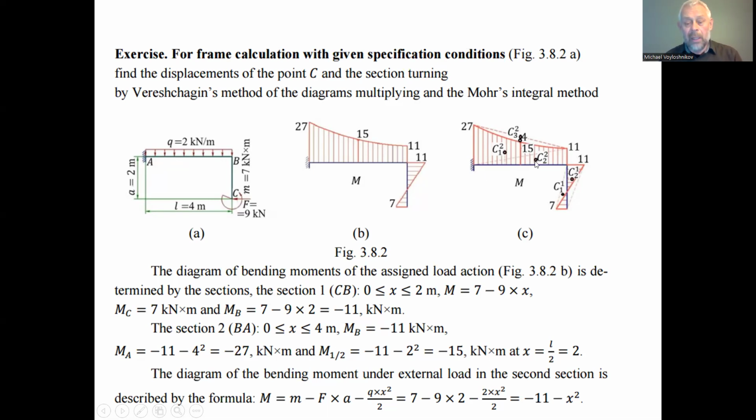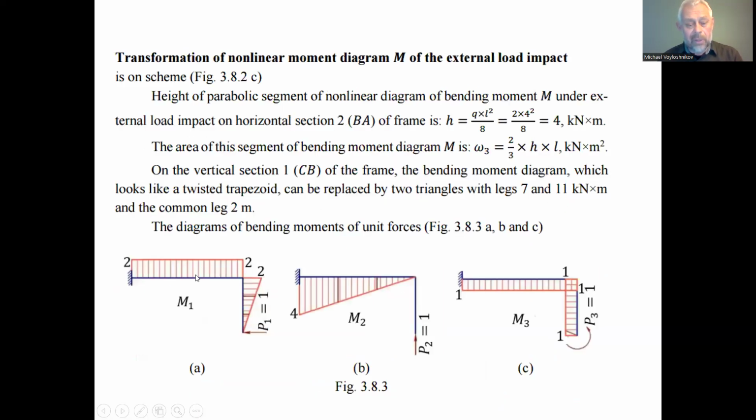In this case, the location of the center of the area of each segment of the bending moment diagram is not so important, because the distribution of the bending moment and action of the unit force is even.